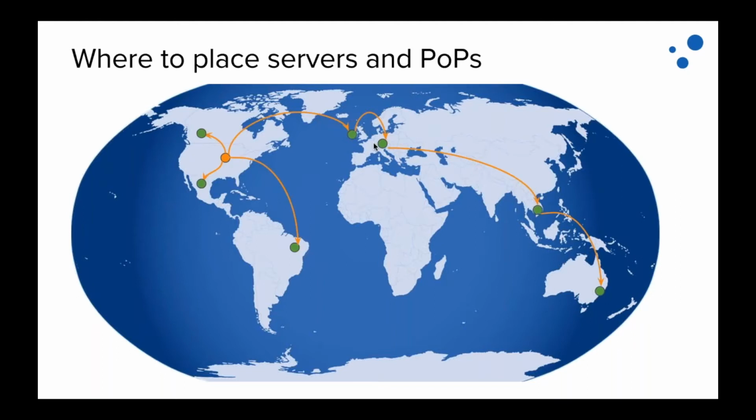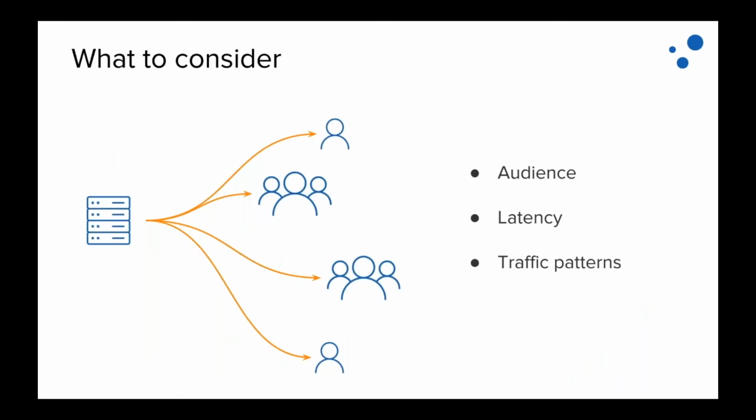And the points of presence, again, most of the time, are just caching instances. So the origin server originates the content, and the content gets distributed to the points of presence or the caching nodes, and then the caching nodes will take care of delivering content to the end user and to the end consumers as well. There are a few things you might want to consider when you decide where to place the origin server and your points of presence.